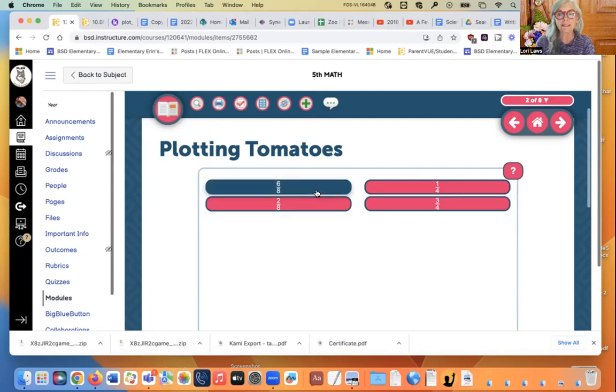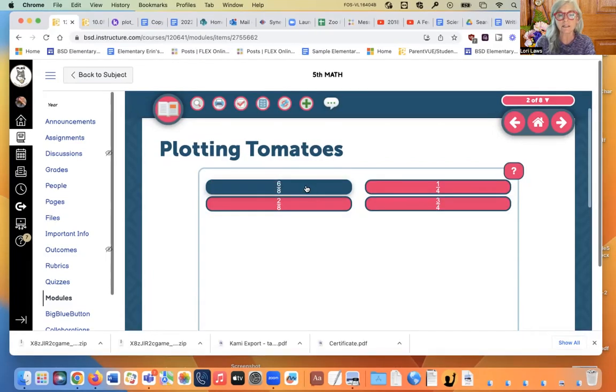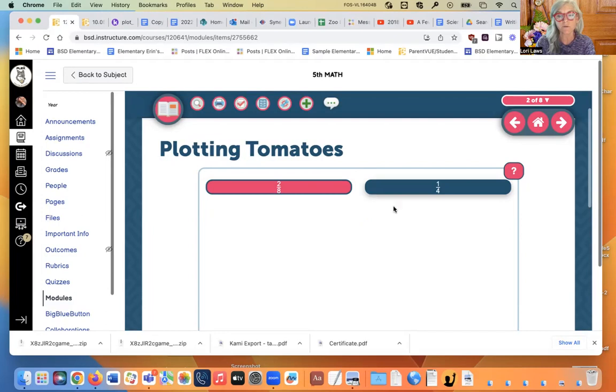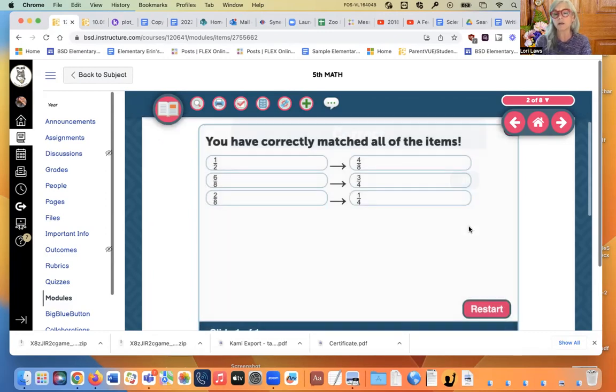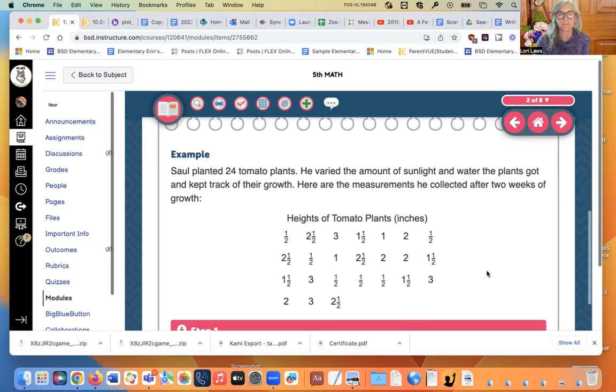You know that 6/8, if you take it and divide the 6 in half, it'll be 3. If you divide the 8 in half, it'll be 4. So it's the same as 3/4. If you take 1/4 and you double the top, double the bottom, it becomes 2/8. So remembering our equivalent fractions is going to help us get through this lesson.